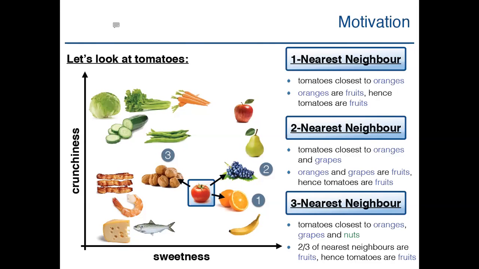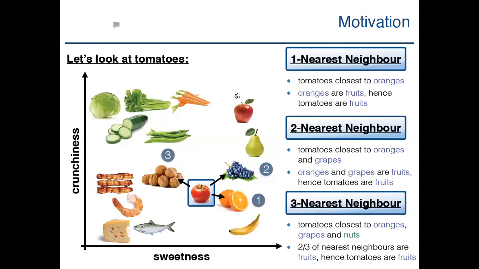So based on this, you'll say since orange is a fruit, tomato is also going to be a fruit.